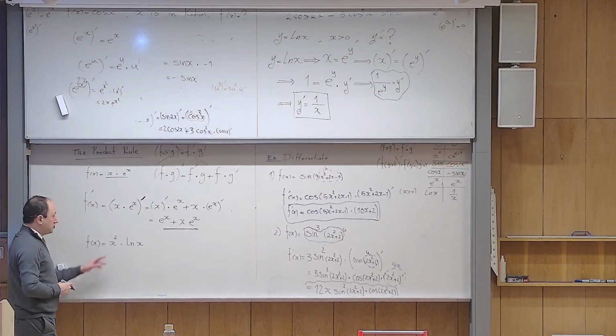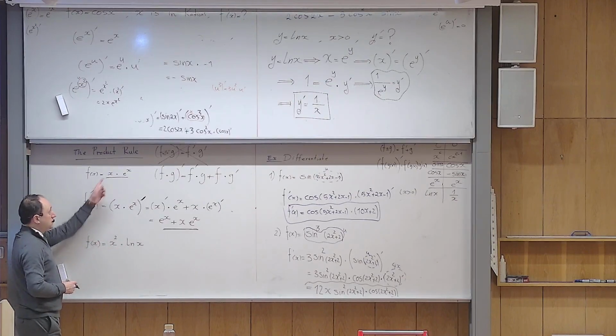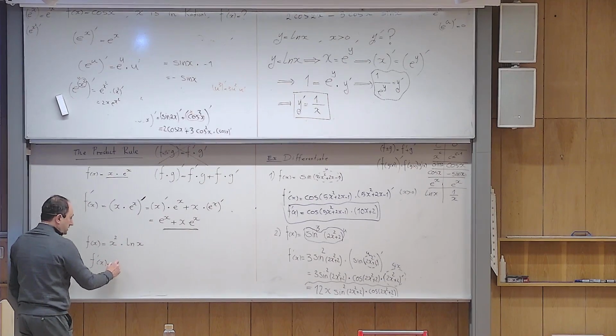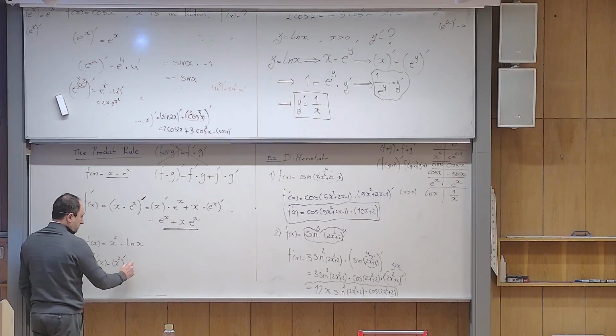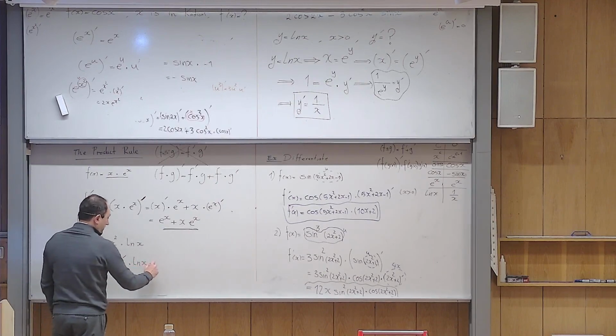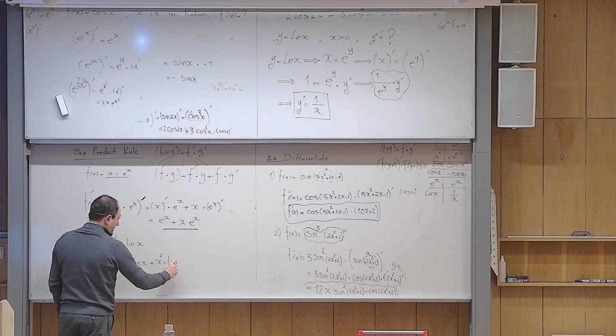Why? Because this is a product of two functions. So this means that I have to use the product rule. So the derivative becomes the derivative of the first one multiplied by the second one itself, plus the first one multiplied by the derivative of the second one.